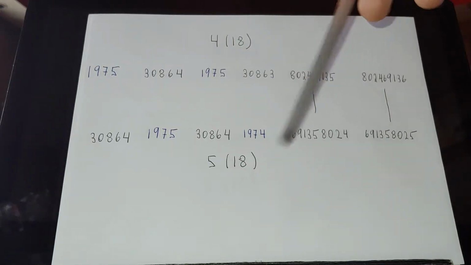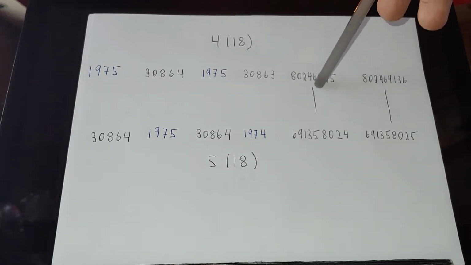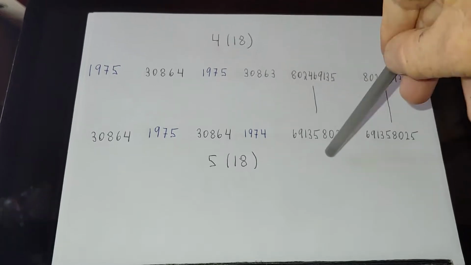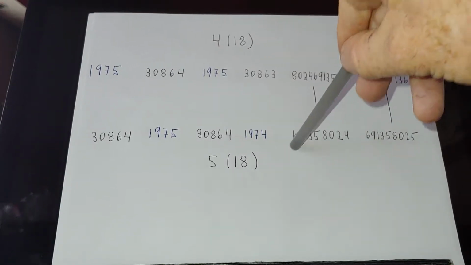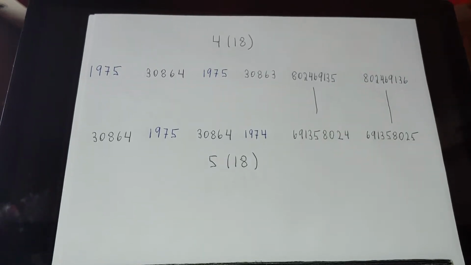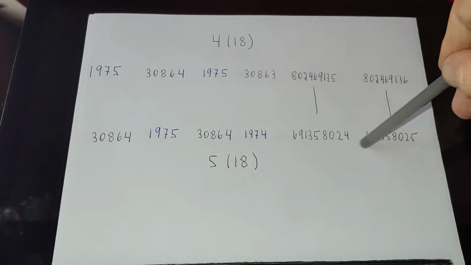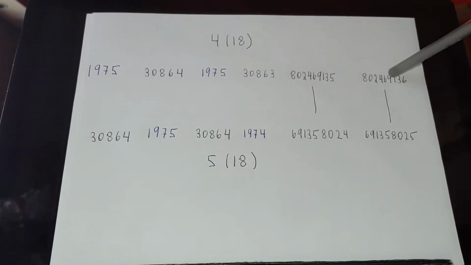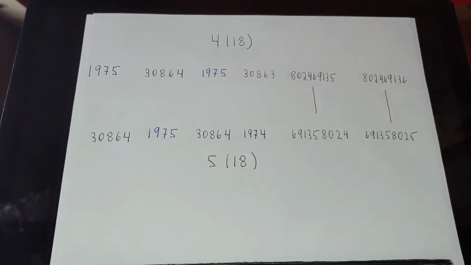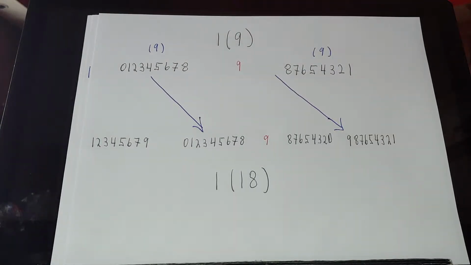And the right side of the number is exactly like this: 802-469-135. Look. 802-569-135. 802-469-136. So there's a little changing. Numbers change when they go from 1 to 2, but basically that's all that's happening.